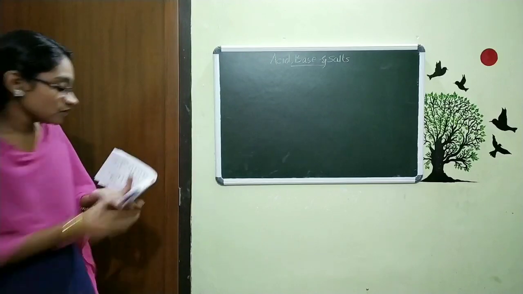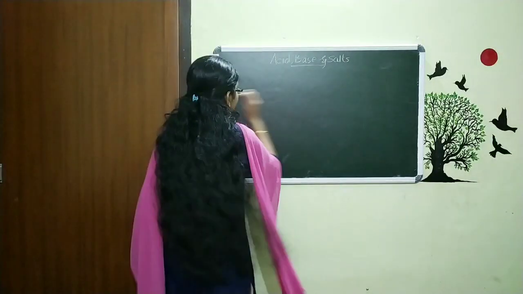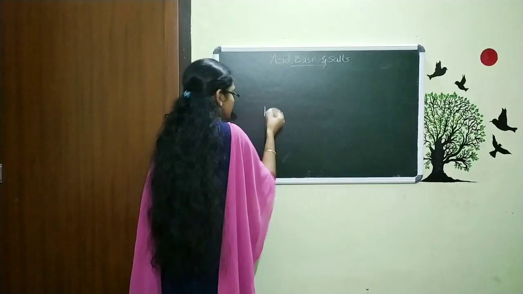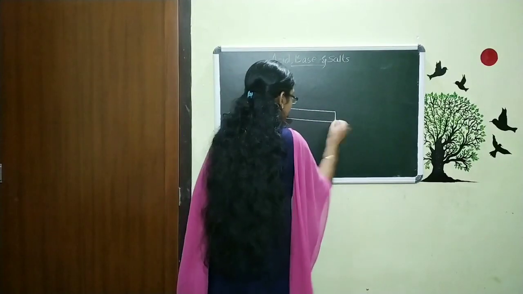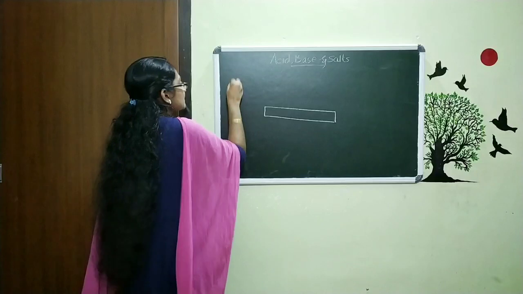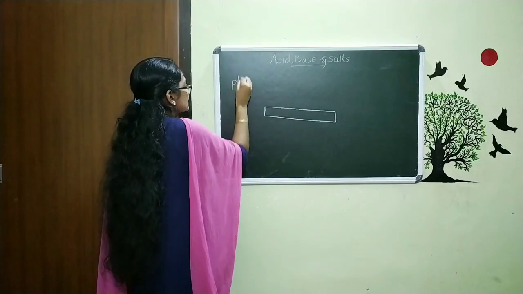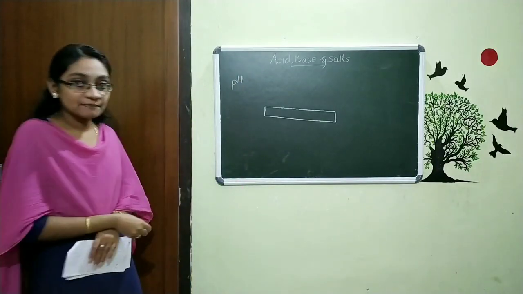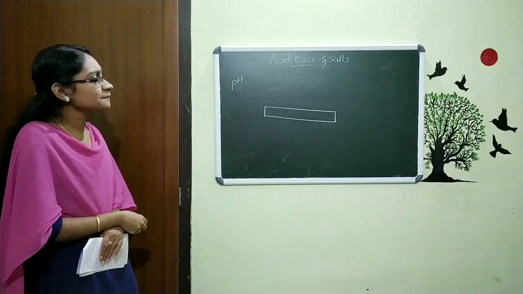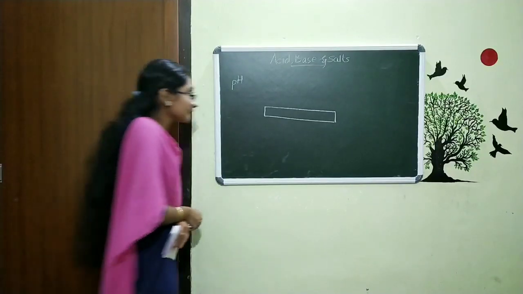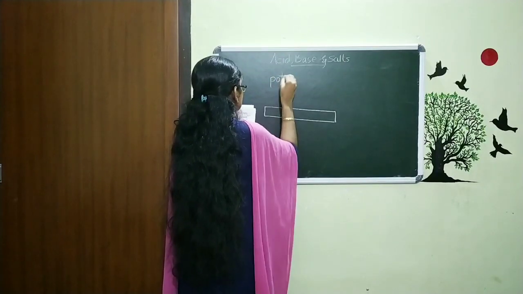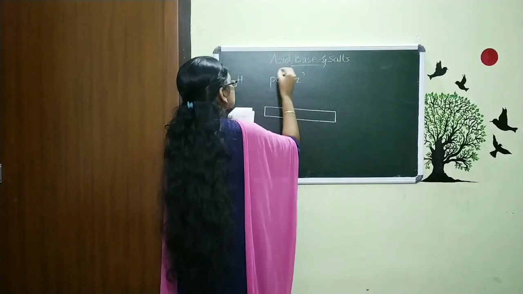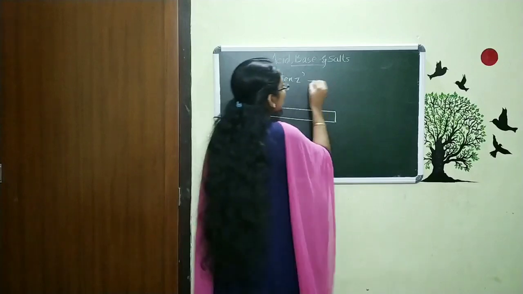So, for the pH, before that we said that this pH is written with a small letter p and a capital letter H. And what does this P denote? This P denotes potence, that means power.